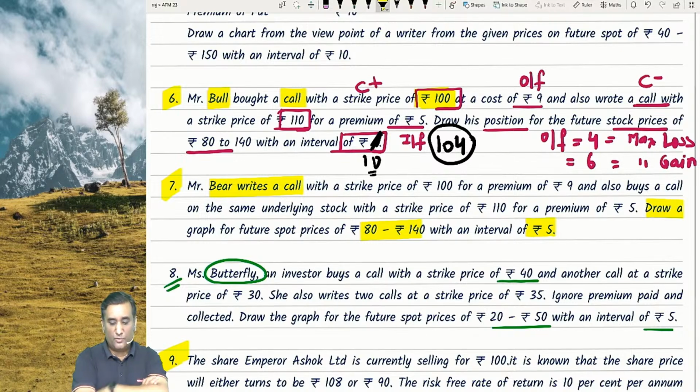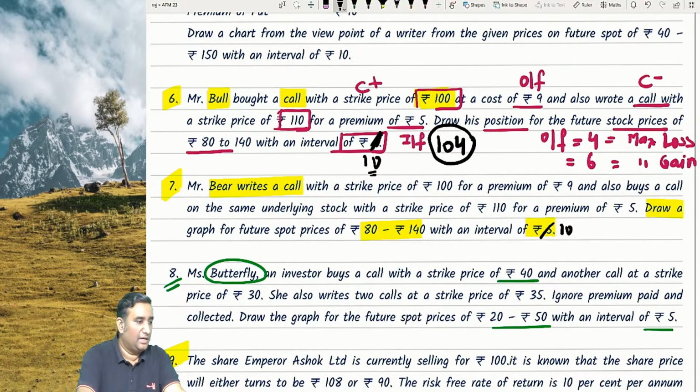What you can do is, instead of an interval of 5, take an interval of 10. Slightly reduce your work. That means 80, 90, 100, 110, 120, 130 and 140. That's it. Take an interval of 10.